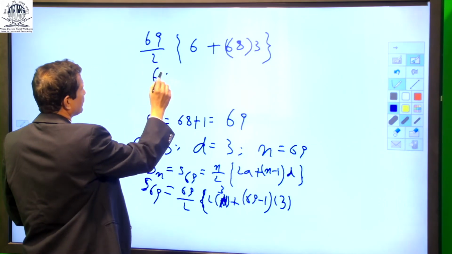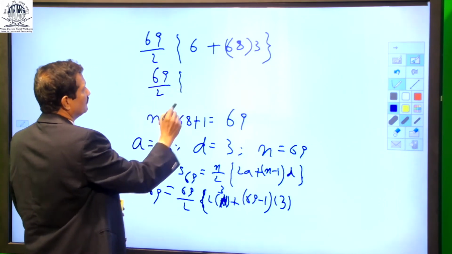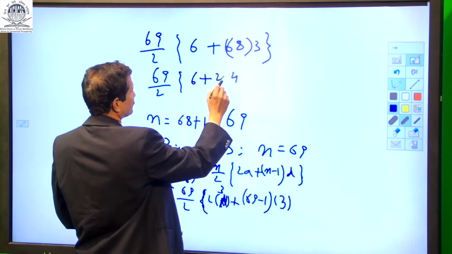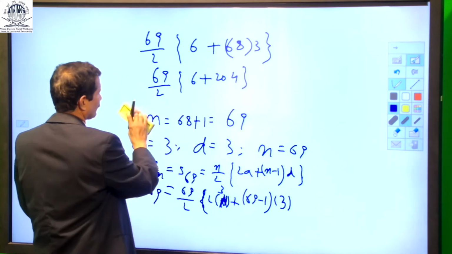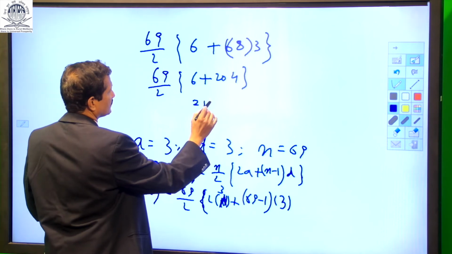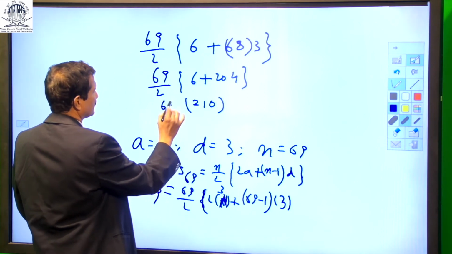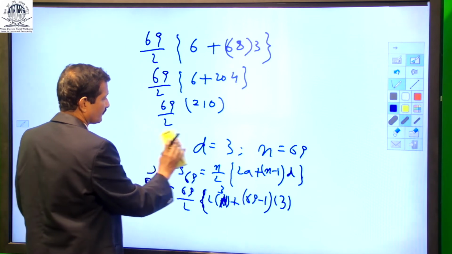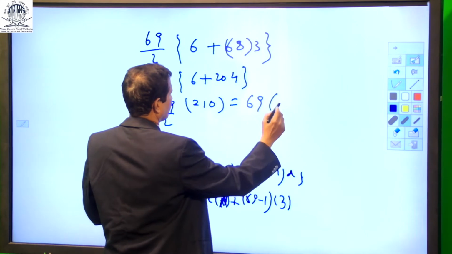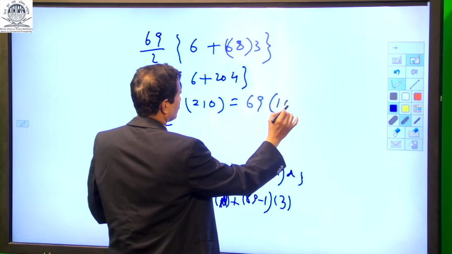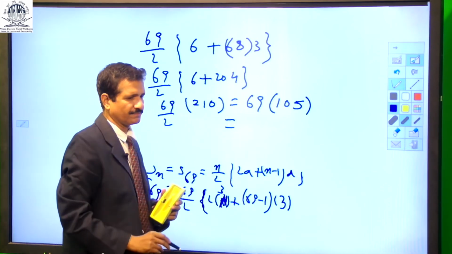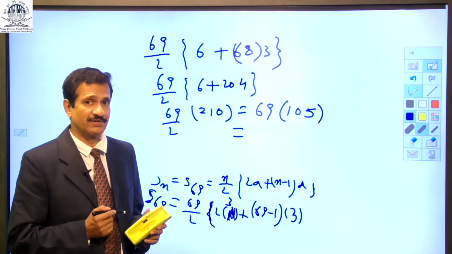That gives me 69 by 2, 6 plus 204, or this is 210 into 69 by 2, which is equal to 69 into 105, which is equal to, the value of this is 7245.